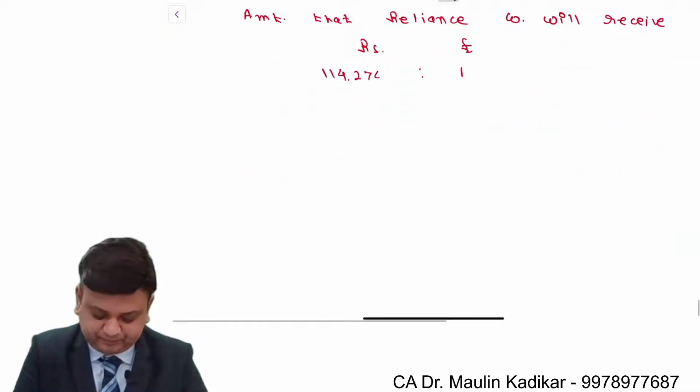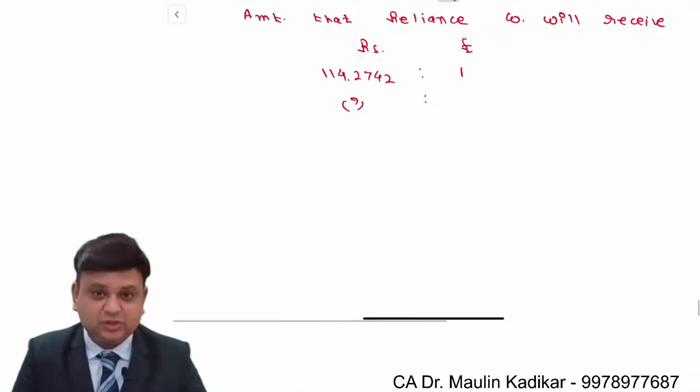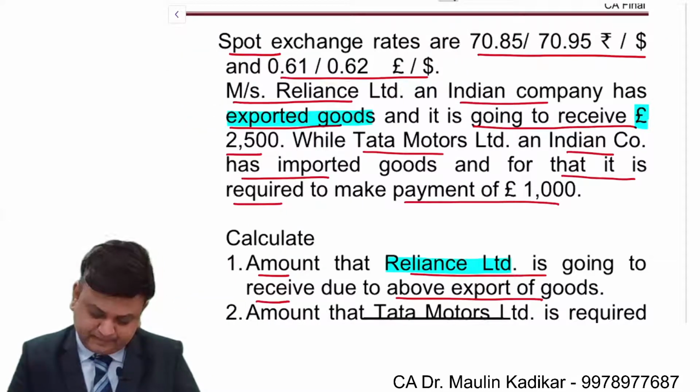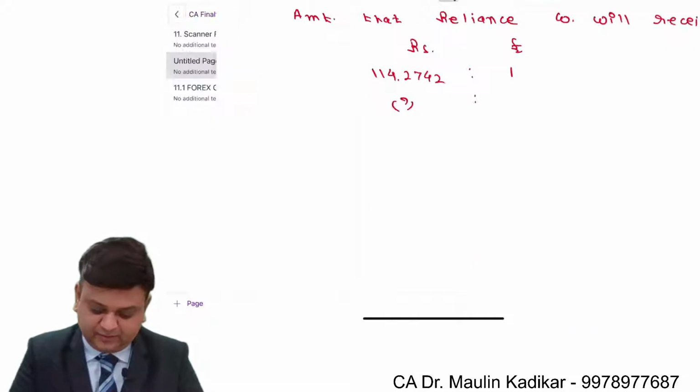So this is the amount of rupees for 2500 UK pounds.